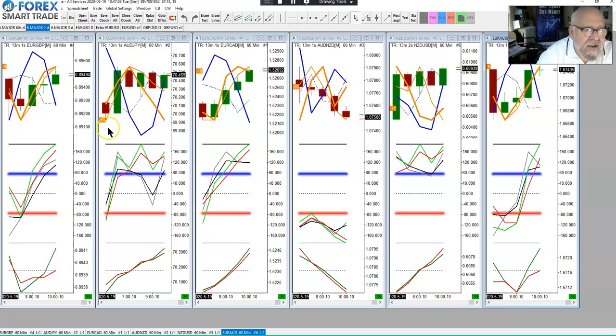Australian yen, minus 74, no. Euro CAD, Canadian dollar, minus 10, and we've got all four lines above. So Euro CAD is a sell. On the thick orange.